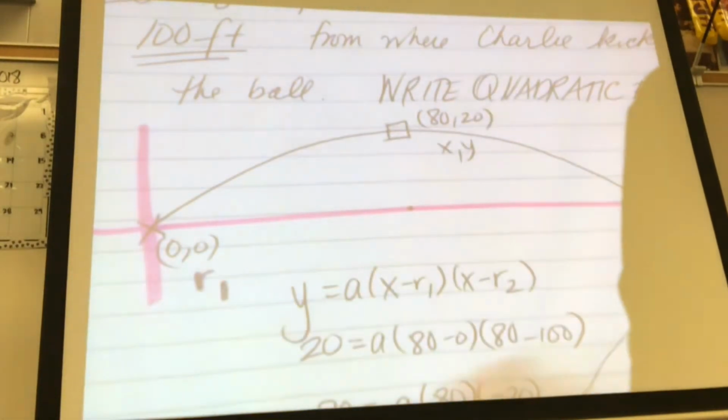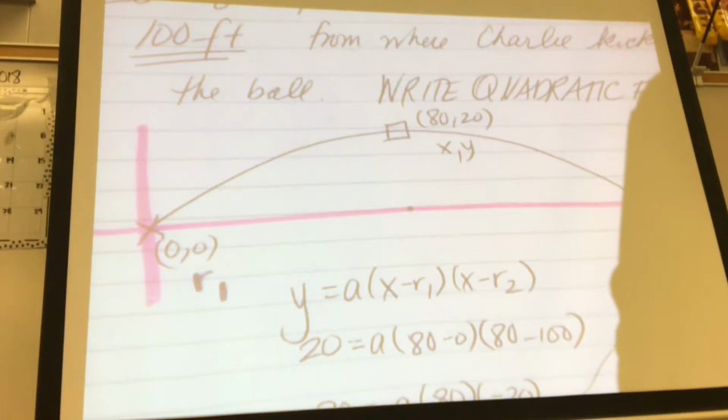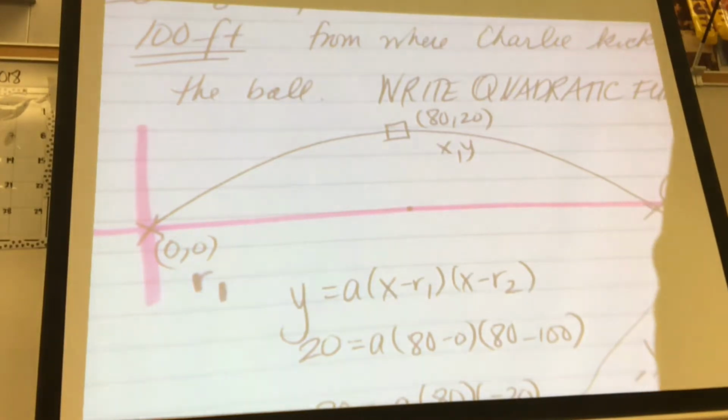What kind of words should I see? Highest. Very good. The highest point or lowest point. Alyssa, can you give me another one? Maximum and minimum. Sean, give me the last one that we went over. In the middle. Exactly in the middle.